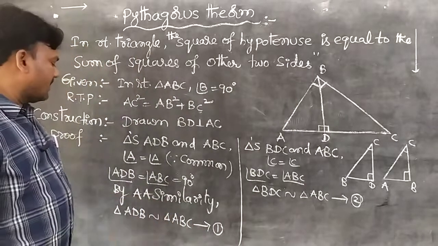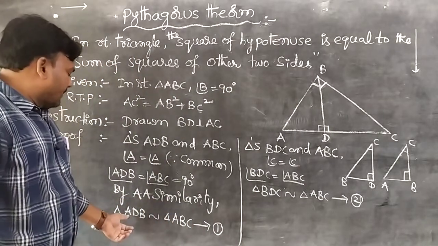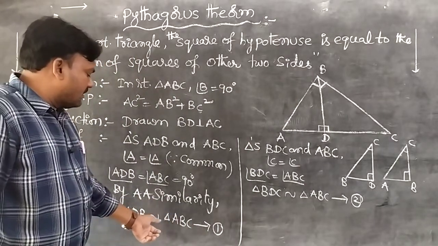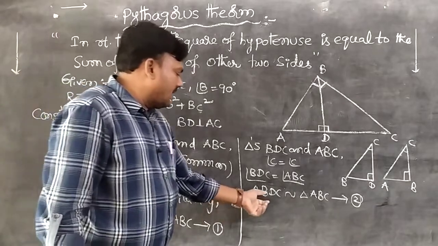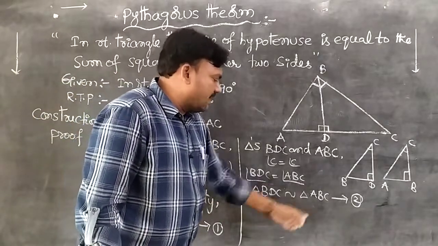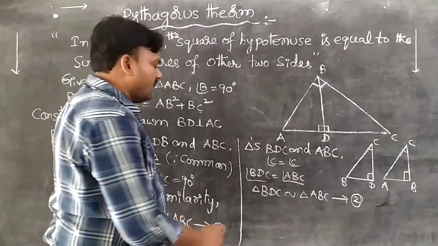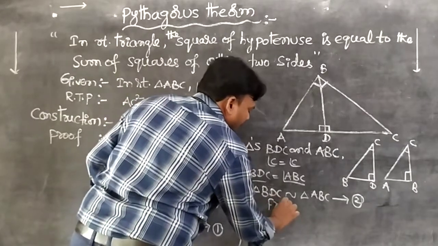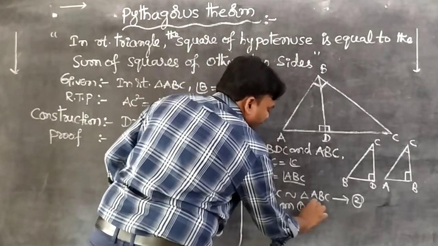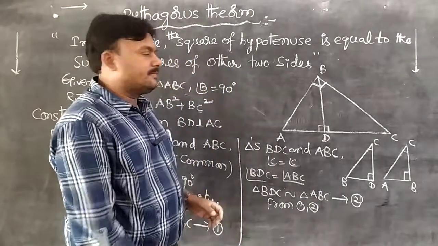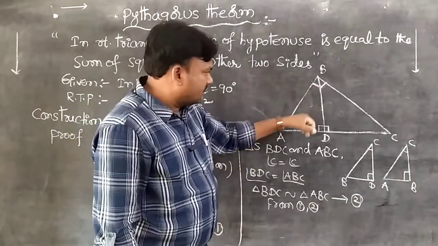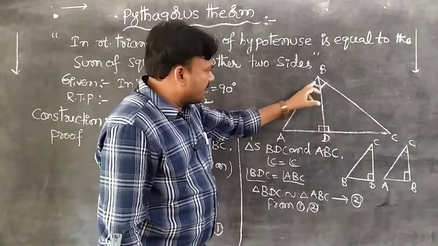So from equation 1 and 2 observe, triangle ADB is similar to triangle ABC. Here triangle BDC is similar to triangle ABC. So from 1 and 2, what we conclude? Observe here, students.